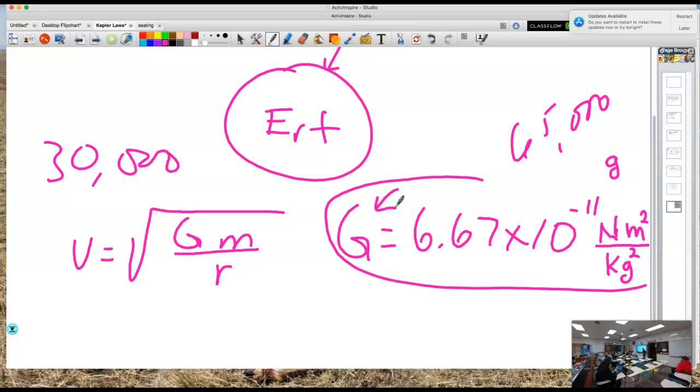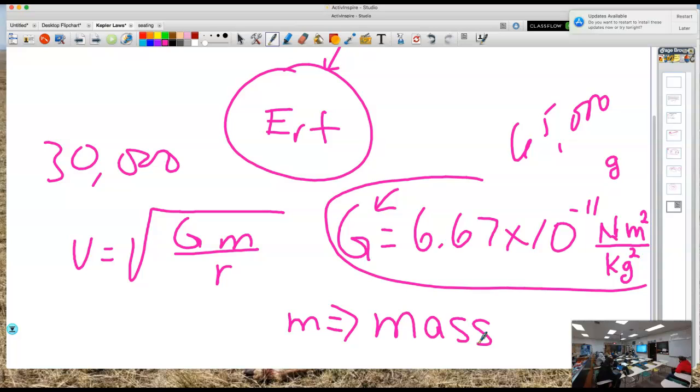Okay? So what's M right here going to be? What's M in the formula stand for? Nope, because this is a unit. That's the trick. This is a unit. This is a symbol in a formula. What's M stand for? The mass.